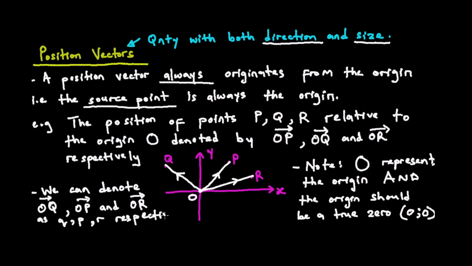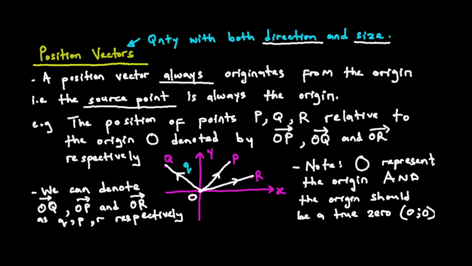Let me then illustrate what I mean here. So the position vector OQ, we can write it as Q instead of saying OQ. So small letter Q, which is usually bold, but it's redundant to show that it's bold.